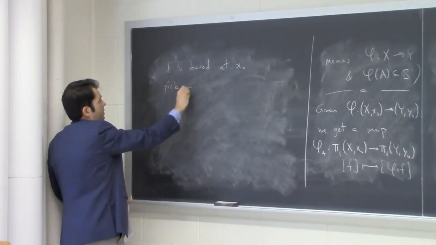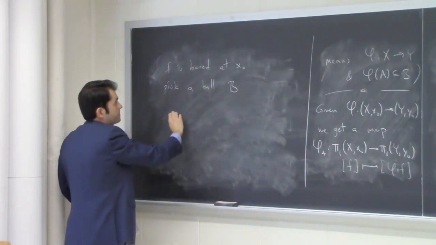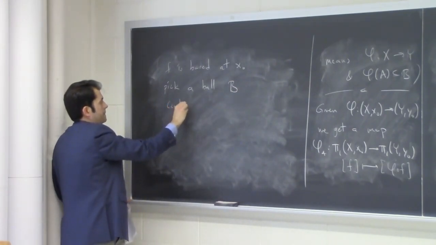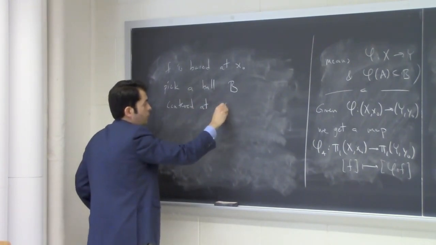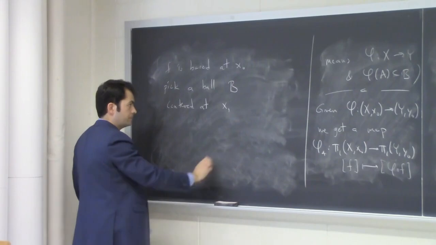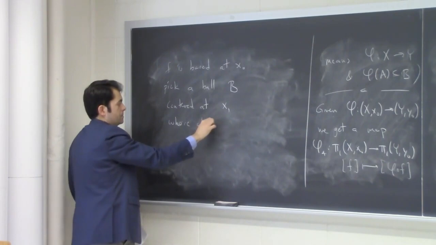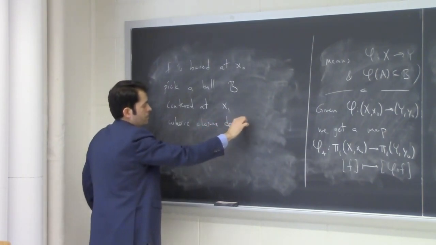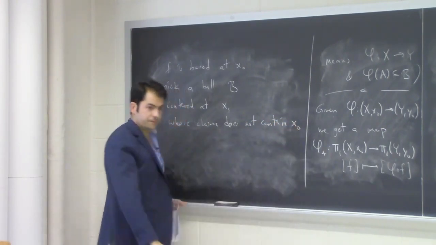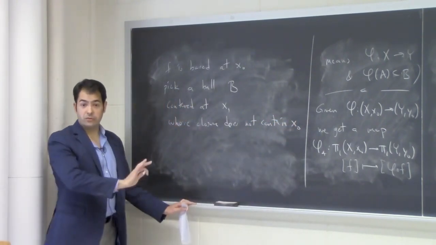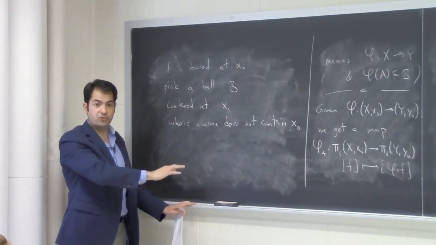Pick a ball, say centered at a point x1, whose closure does not contain x naught. Okay, so let's just stay away from x naught because we don't want to change the base point. We wanted our loops to stay based.